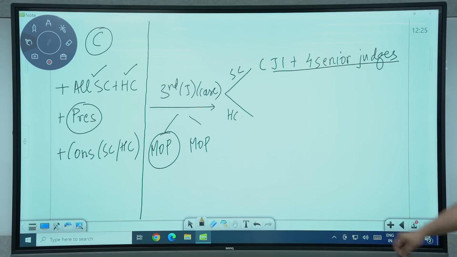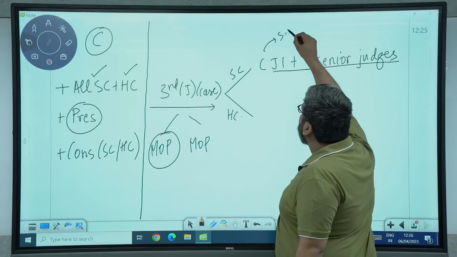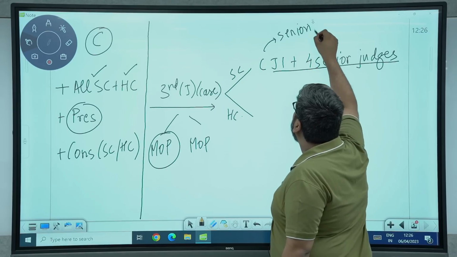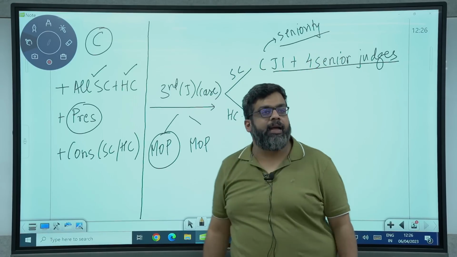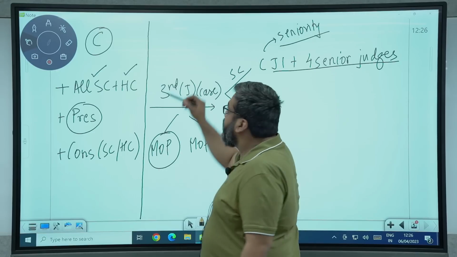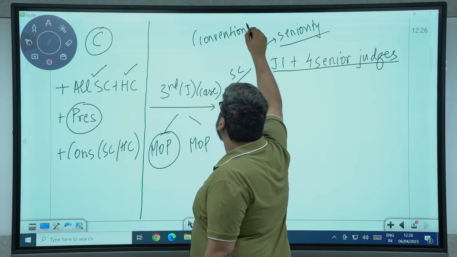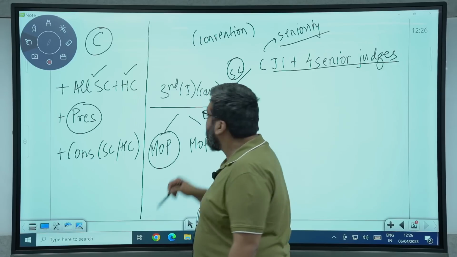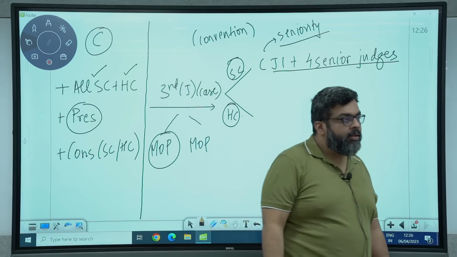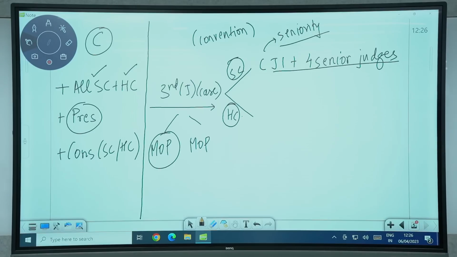The Chief Justice of India is appointed on a simple seniority principle as a matter of convention. The appointment of the senior most judge as the Chief Justice of the Supreme Court, or for that matter of the respective High Court, is a matter of convention.